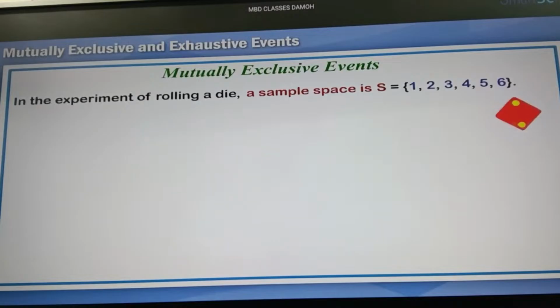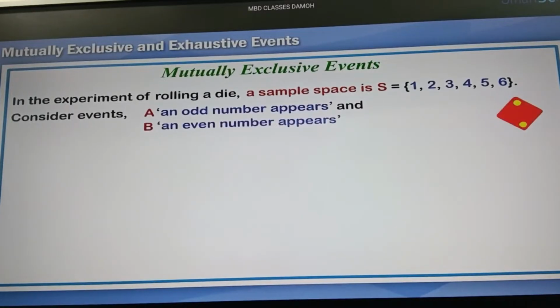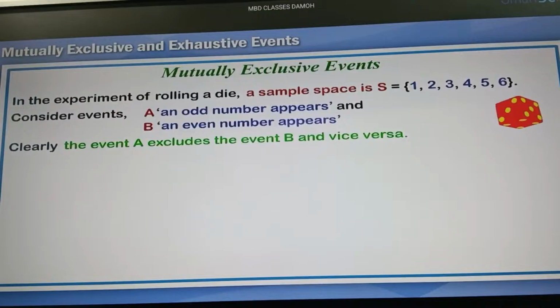In the experiment of rolling a die, we know that the sample space S is equal to {1, 2, 3, 4, 5, 6}. Consider events A, an odd number appears, and B, an even number appears. You can clearly see that the event A excludes the event B, and vice versa.